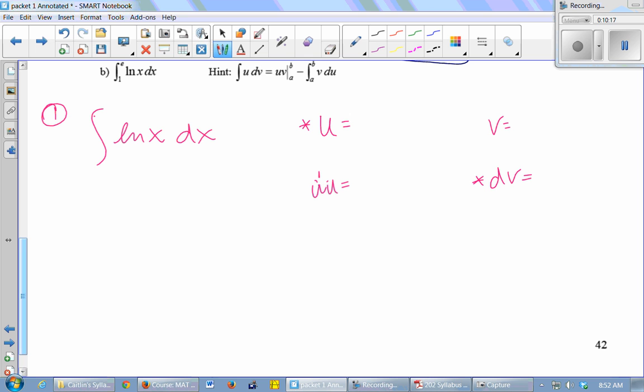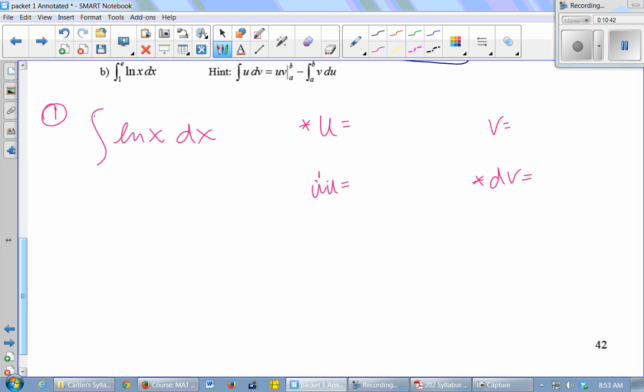All right, so what do I have in there that I could choose as u and dv? ln x and 1, yeah. What do you want to make ln x, u or dv? If I made it dv, that would imply that I know its antiderivative, in which case I would be done already, right?